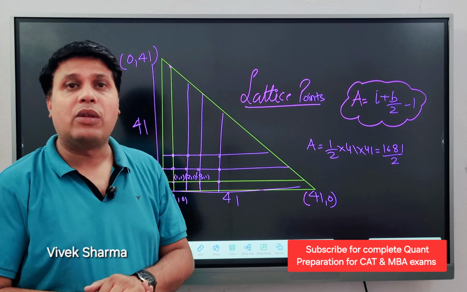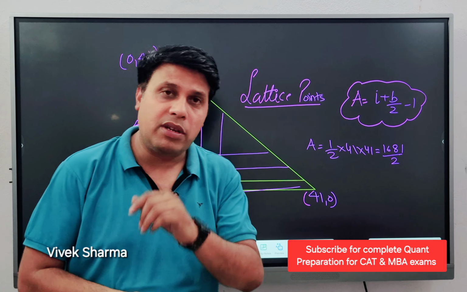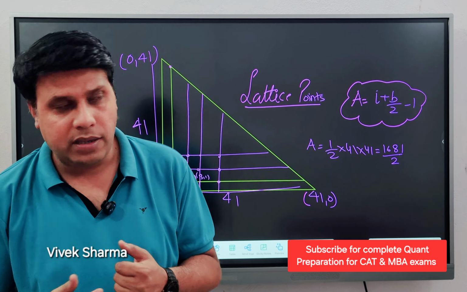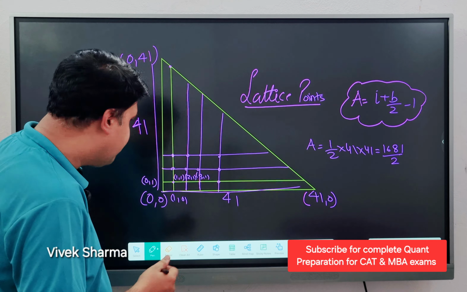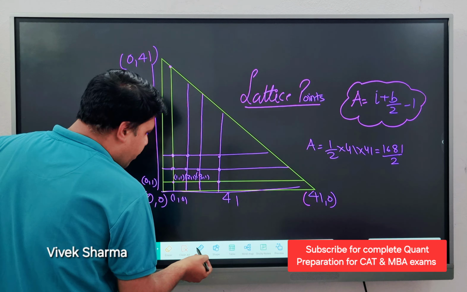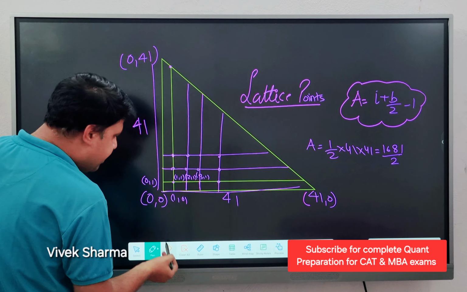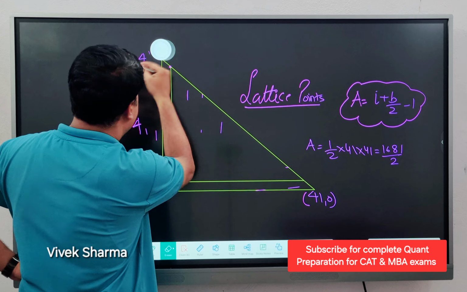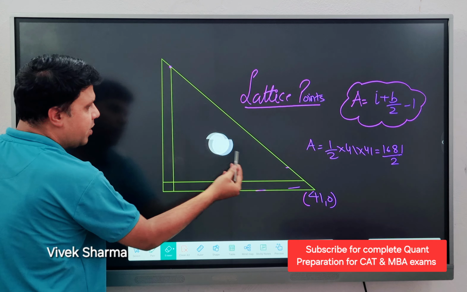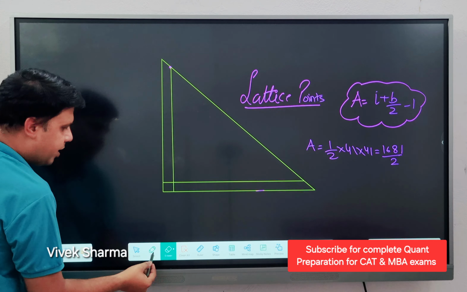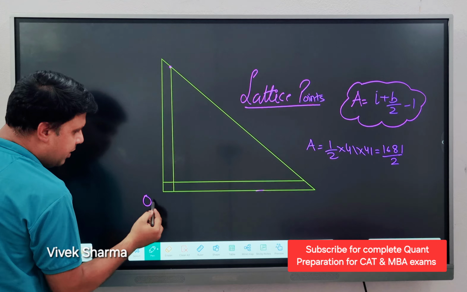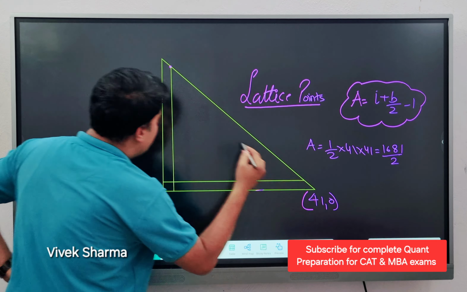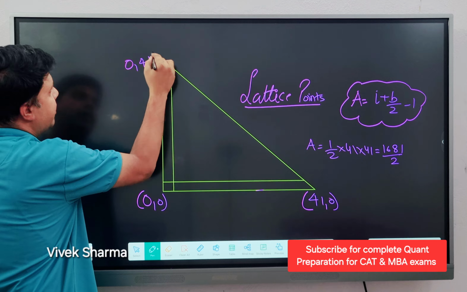The point is that we have to calculate the boundary points. This is not so difficult, just believe me. I'm going to erase the things so that I can have the proper figure. Suppose we have this one again: this is (0, 0), this is (41, 0), and this is (0, 41).